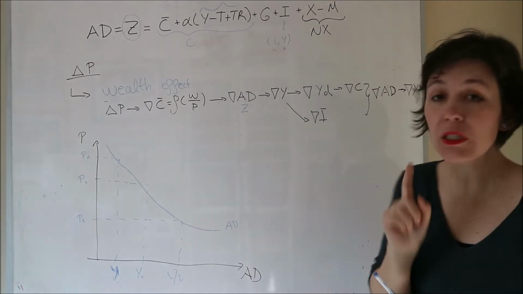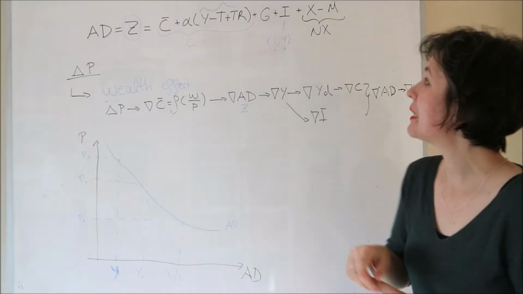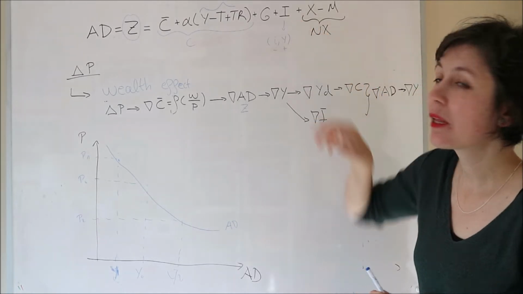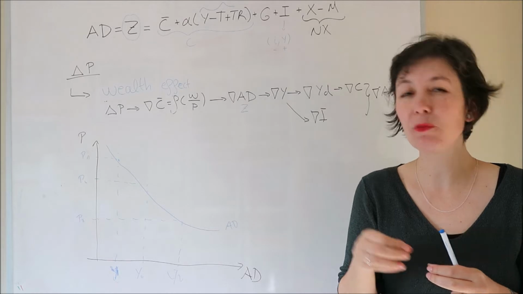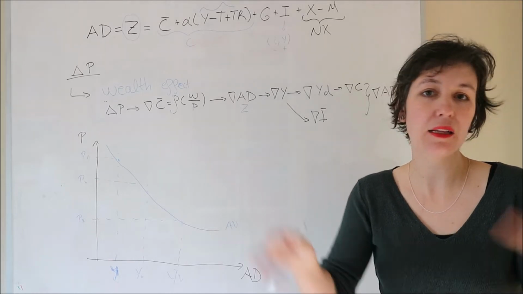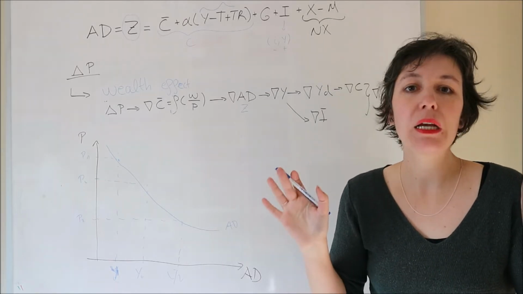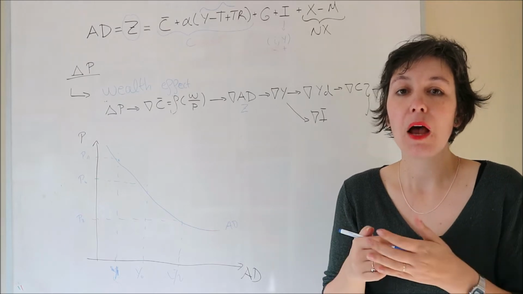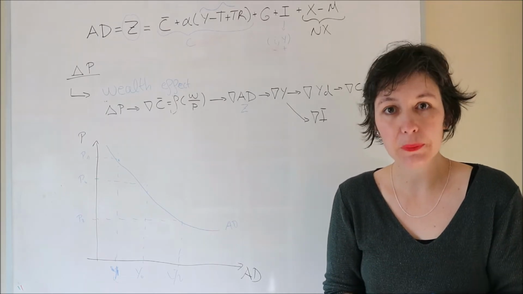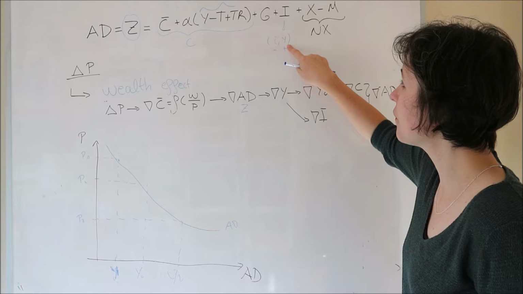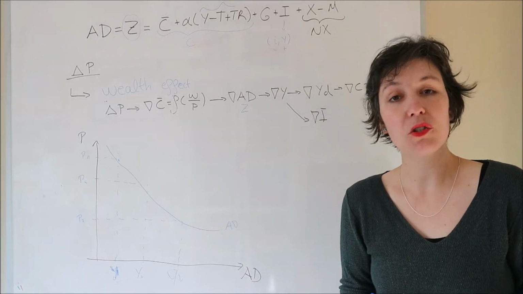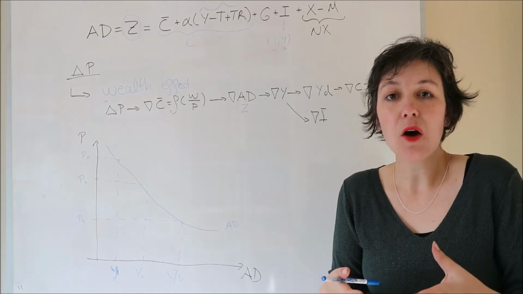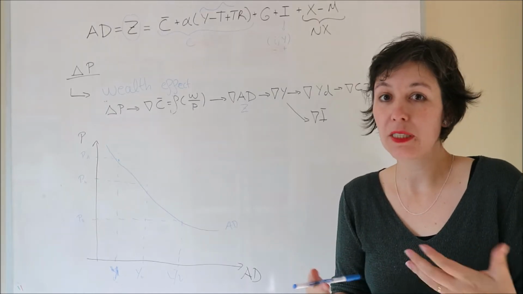Also, you need to bear in mind that investment can be formulated in a much more realistic way than an exogenous number. Instead of that, we are going to see how investment is related with the output of the economy. The higher the output of the economy, the higher the investment is going to be, because the output is like the level of sales.